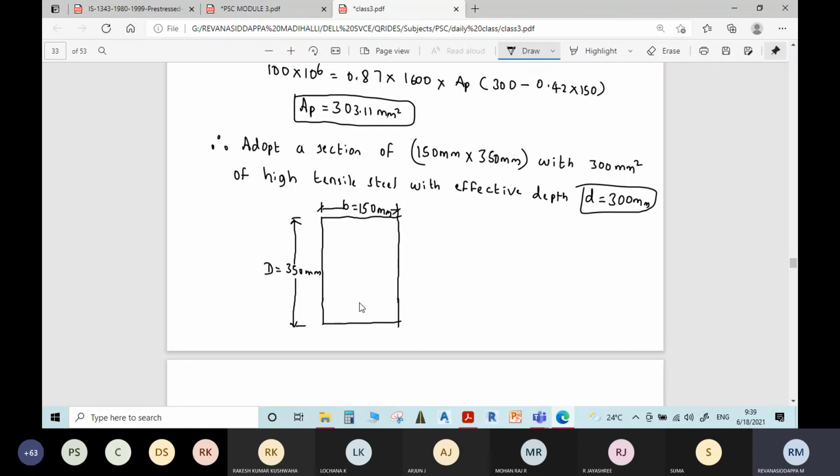And area of pre-stressing steel, here I mention it. See, no need to choose what should be the diameter of the pre-stressing steel, or the number of the pre-stressing steel bars. Just find the area of pre-stressing steel and mention it here in the figure, that is enough.